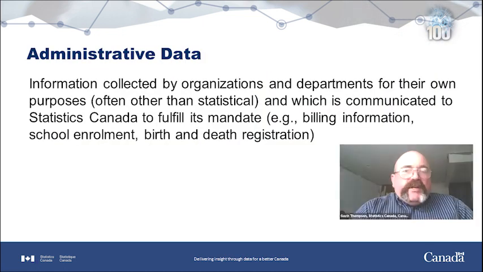So when we look at administrative data, this is information that's collected by organizations and departments for their own purposes. Canada has a very, very, very strong Statistics Act. We have the right to collect any information, any data that any business has. We tend to not use the carrying a big stick approach. We tend to use the soft glove approach in negotiating with data providers.